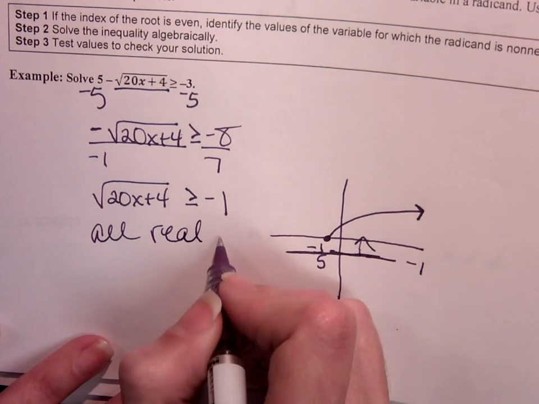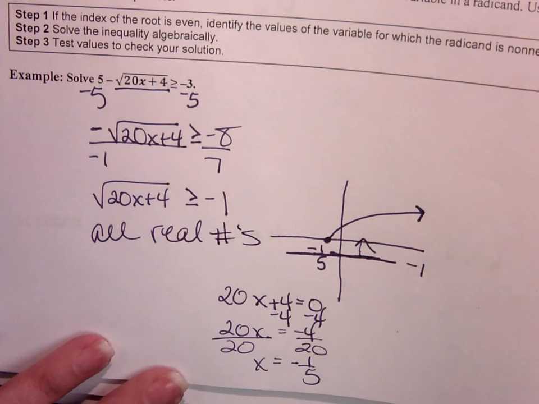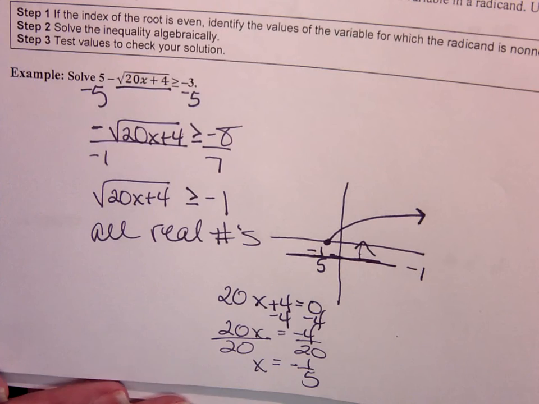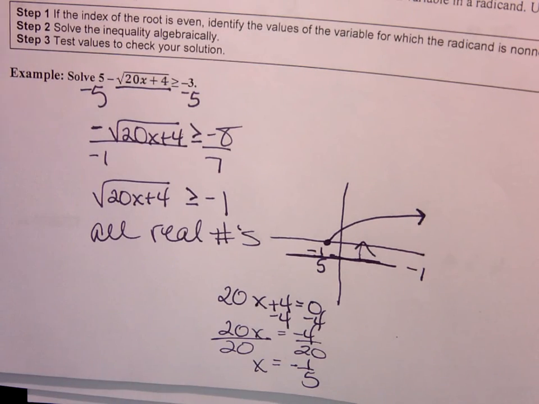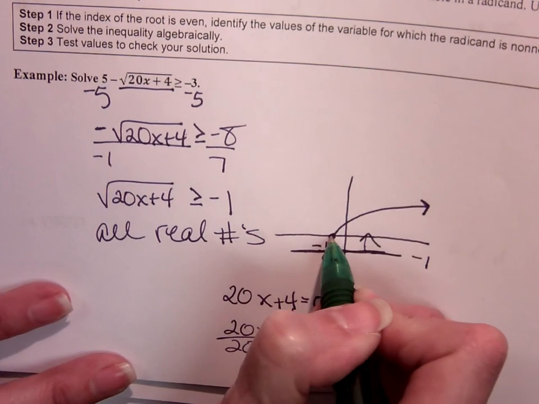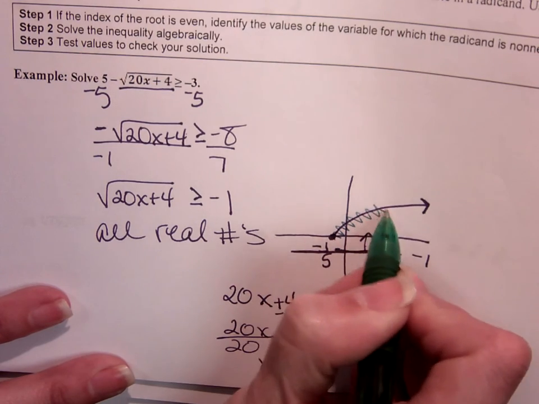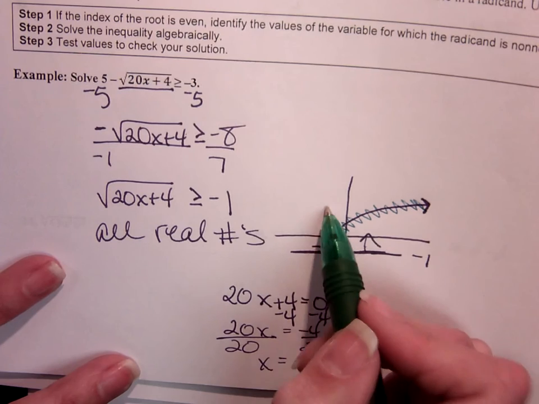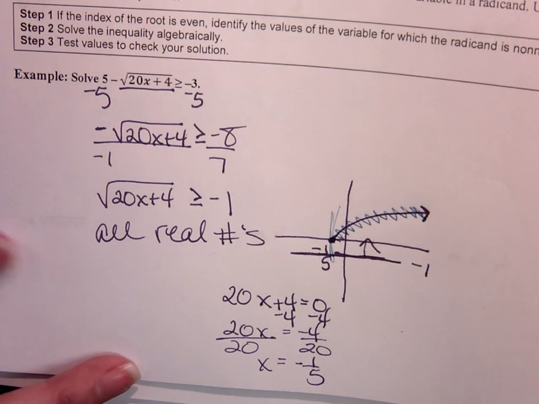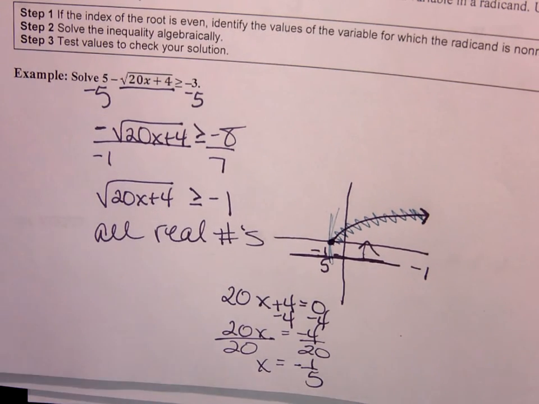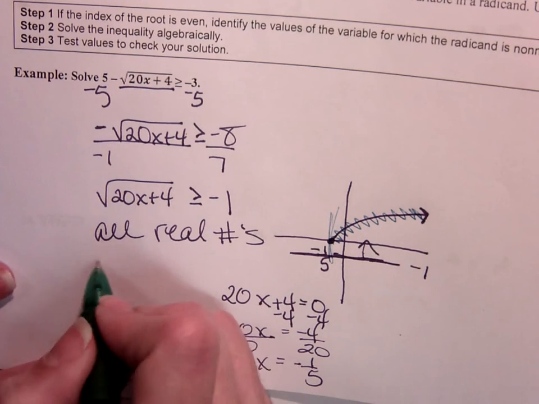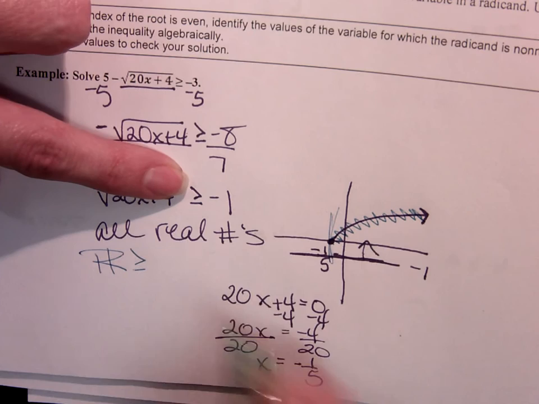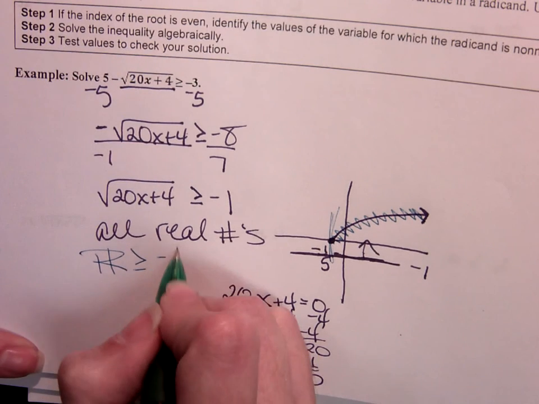All real numbers is the temptation. But we're looking for x values. So we want to come back in and say, okay, it's all of the function, right? All real numbers means everything, but this very definitely stops and starts at negative 1/5. So we're going to rephrase that to all real numbers greater than or equal to negative 1/5.